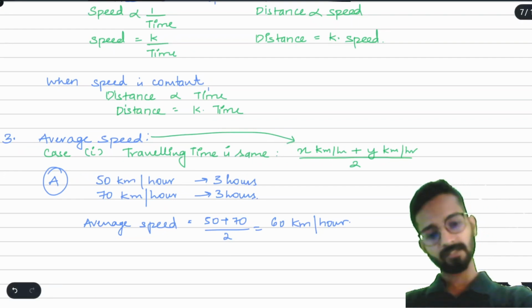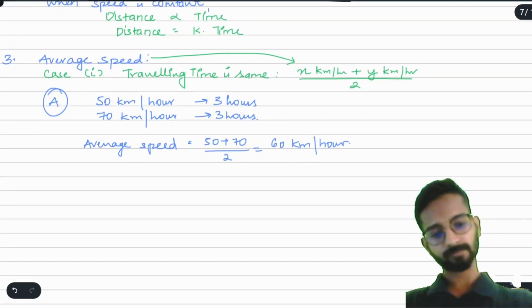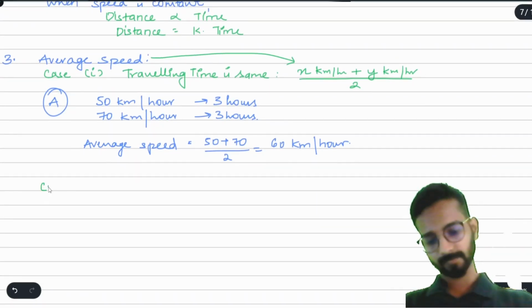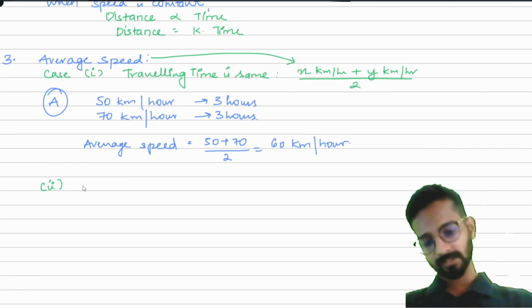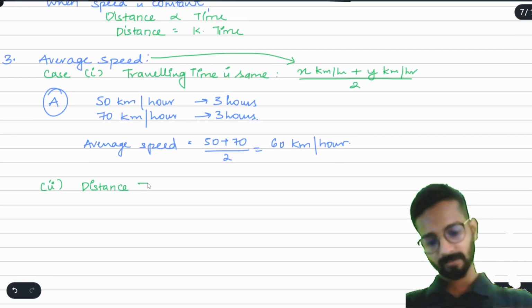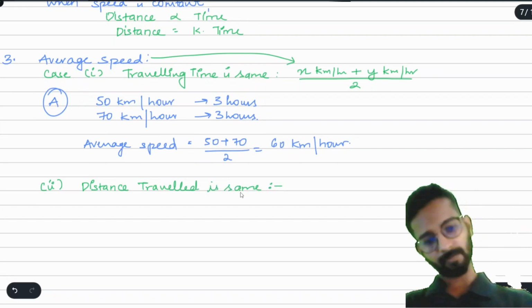When does it change? See case number 2. What if the distance traveled is the same? What will happen?